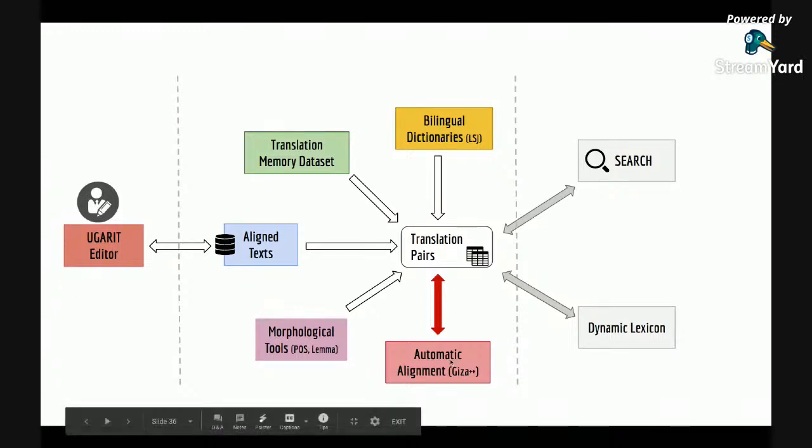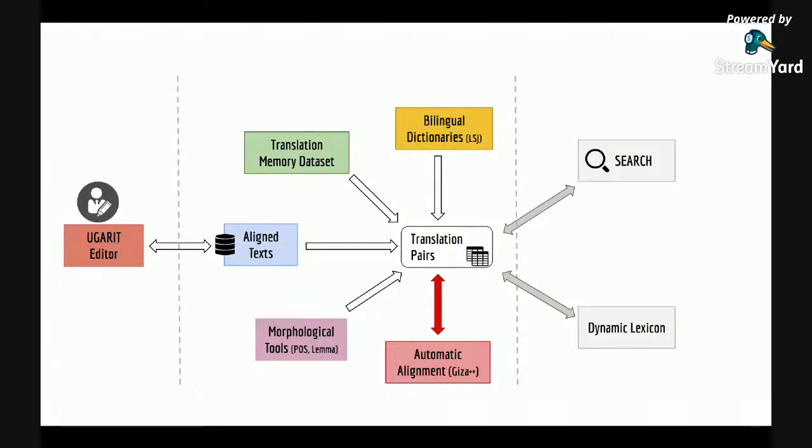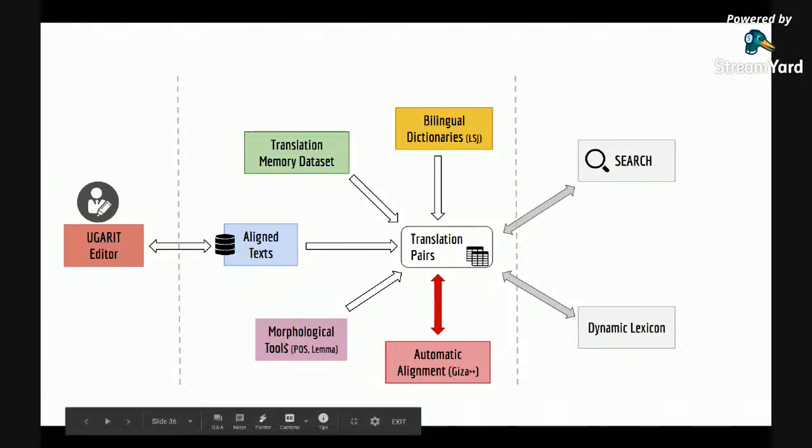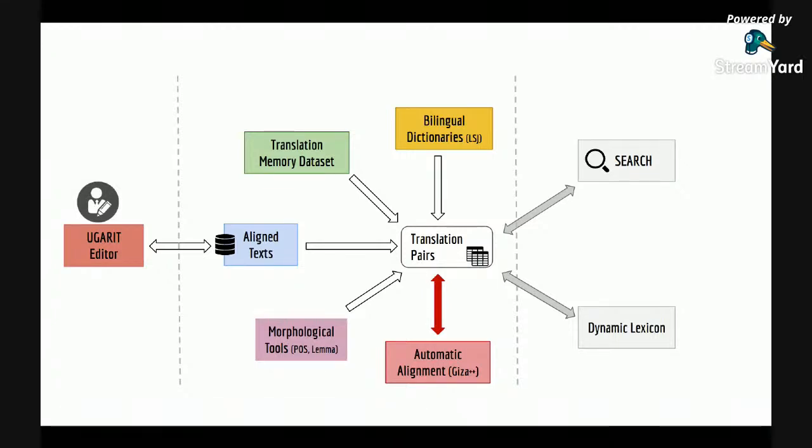For example, we have a big translation pair data set from GIZA++, aligned by GIZA++, provided by Perseus. We have also added some morphological tools like Morpheus for Latin and ancient Greek, and other tools for other languages.